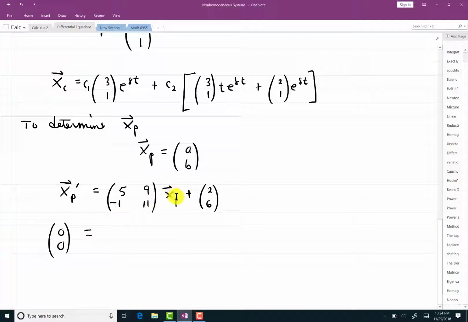On the other side, then, I'm going to let xp be a, b, so let me go ahead and erase this and replace it with a, b. And let's see what we get. I get 5a plus 9b. And I get negative a plus 11b.